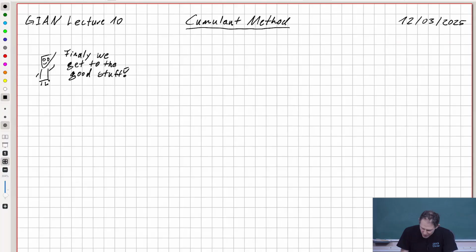And now we come to the next central part, or the more practical, namely the cumulant methods that will now deal with all the problems that we have discussed yesterday, and also some of the problems that you may have encountered during your own programming yesterday with these long equations. Some of them. For a few others, you have to wait till Friday. Okay, we are coming to the good stuff now.